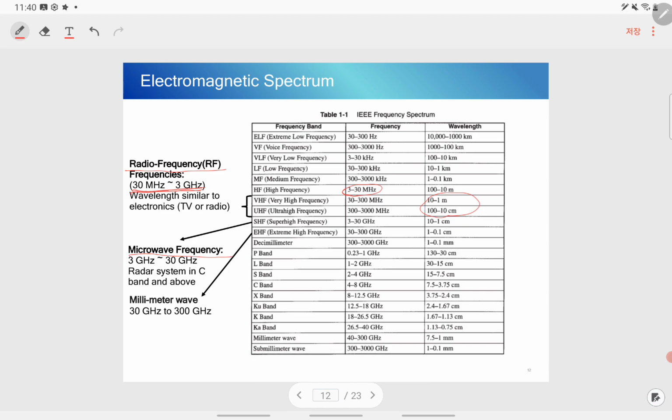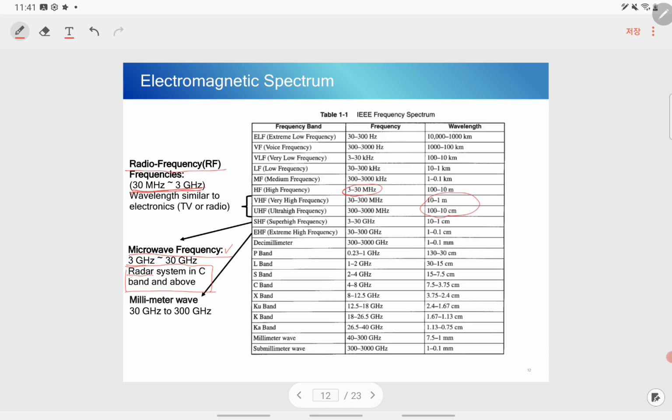The second one is microwave frequency. We can understand this range as 3 gigahertz to 30 gigahertz. This basically comes from radar. Radar means a detector, right? We use automobile car radar to detect the car in front of your car.